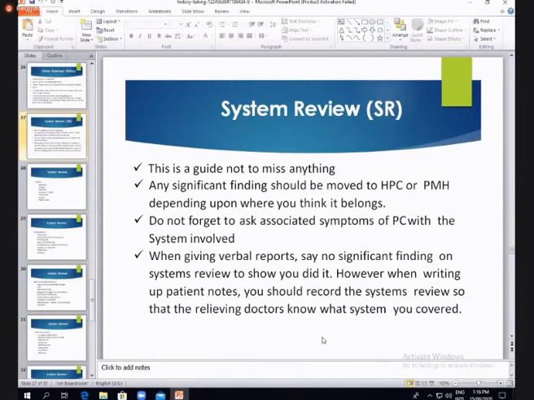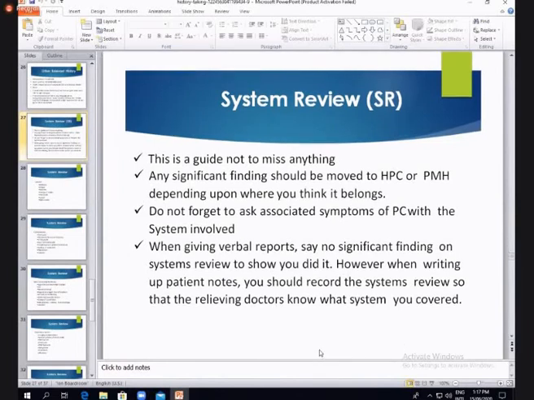So they prefer to take it just after the evaluation of the history of presenting complaint, while some people prefer to inquire at the end of the session, so that if anything is missed in the history, it can easily get caught in the systemic review.